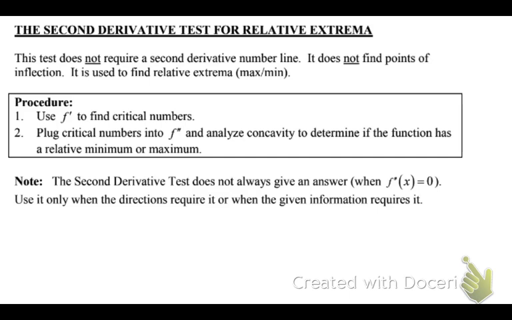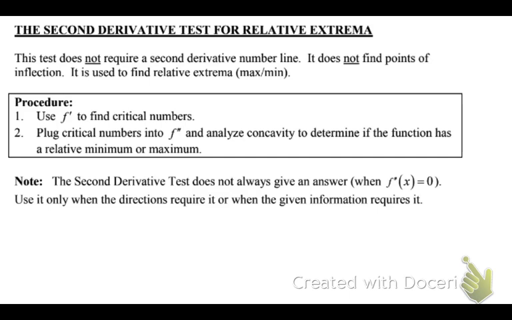The second derivative test for relative extrema is one that you only use if the directions tell you to, or the information requires it because you don't have enough to get the first derivative. The first derivative test is better for determining increasing, decreasing, and relative max and min. But sometimes we have to use the second derivative test.